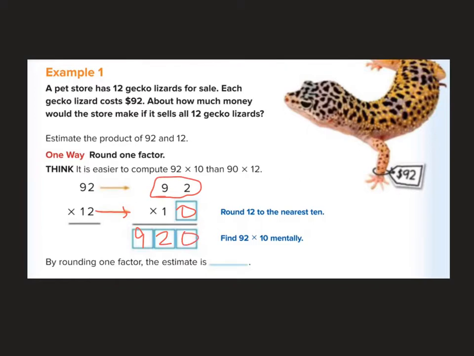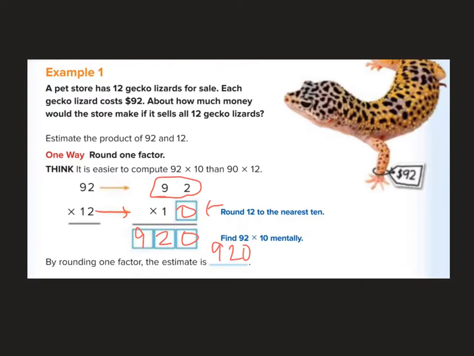That was easy, guys. I don't have to sit here and say 2 times 2 is 4, 2 times 9 is 18, 1 times 2 is 2. We can do this in our head. And this is great for when we need to check our answers: I did all this multiplication, does it make sense? Do a quick check. So by rounding one factor, the estimate is 920. I just rounded one. I did not round both.